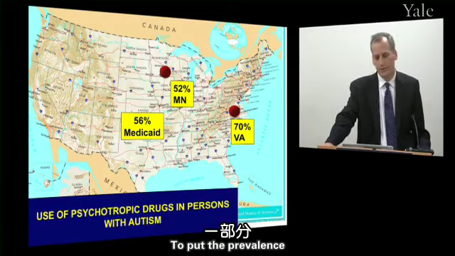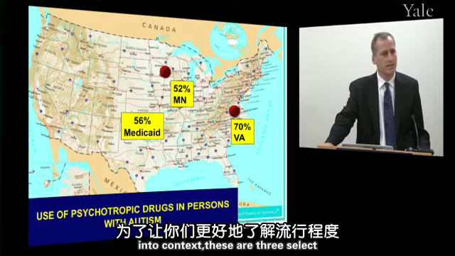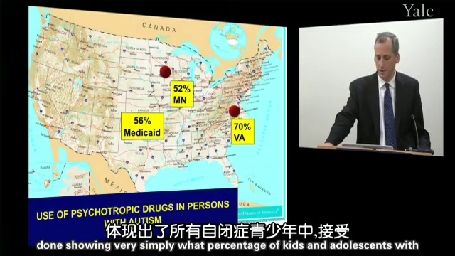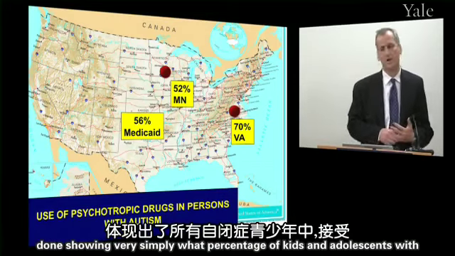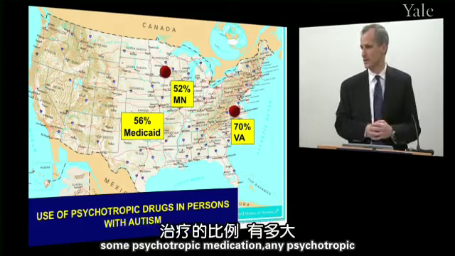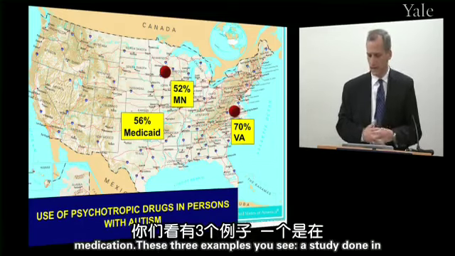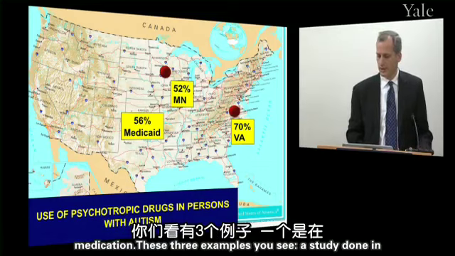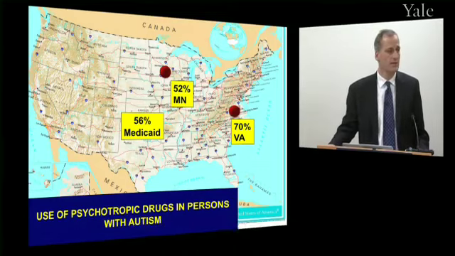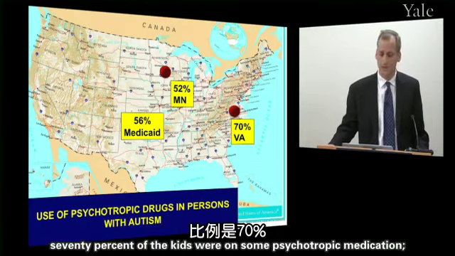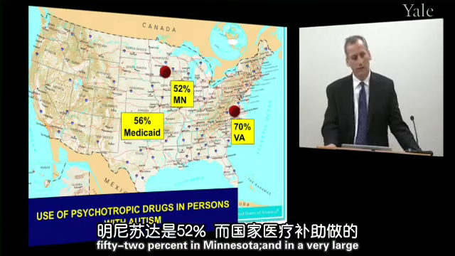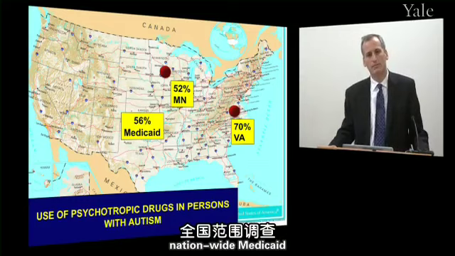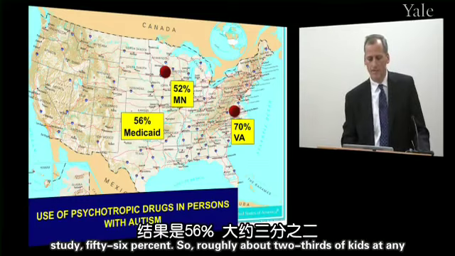So to put the prevalence into context, these are 3 select studies out of many that have been done, showing very simply what percentage of kids and adolescents with autism were treated with some psychotropic medication, any psychotropic medication. In these 3 examples, you see a study done in Virginia where 70% of kids were on some psychotropic medication, 52% in Minnesota, and in a very large nationwide Medicaid study, 56%.